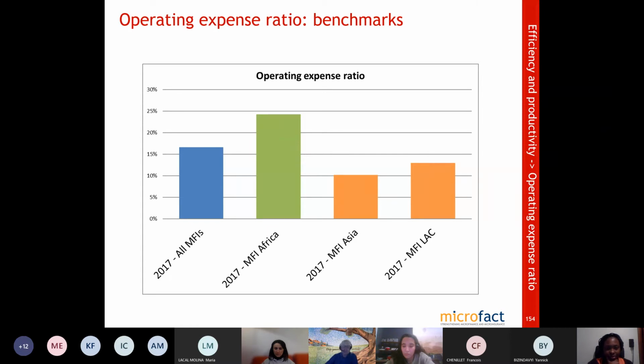And you know that organizations mobilizing savings are disfavored when it comes to the operating expense. So it looks like they are less effective, less efficient compared to others, but it also has to do with this specific situation, and also density of population compared to Asia, for example.